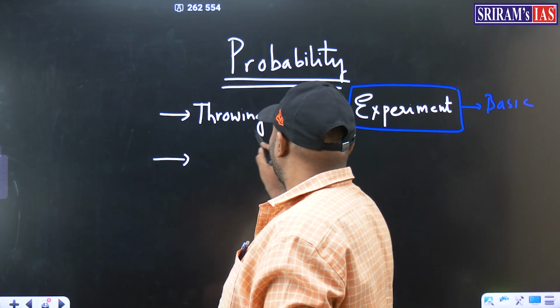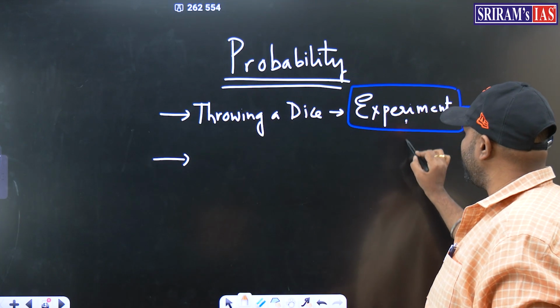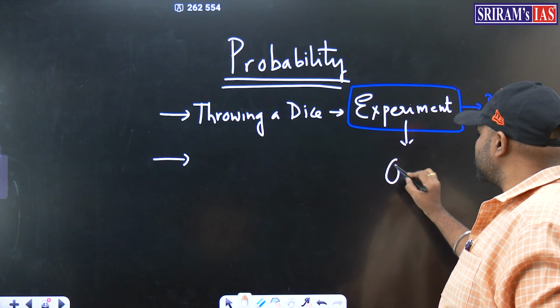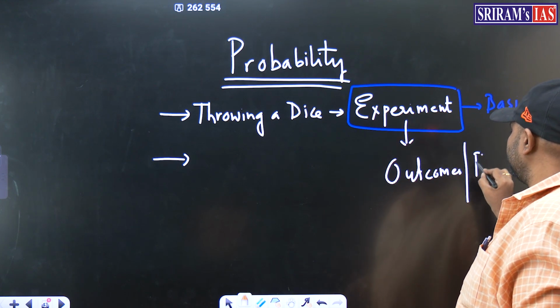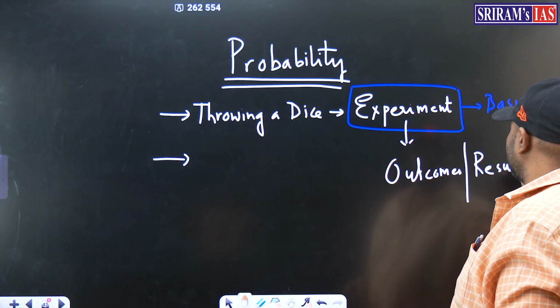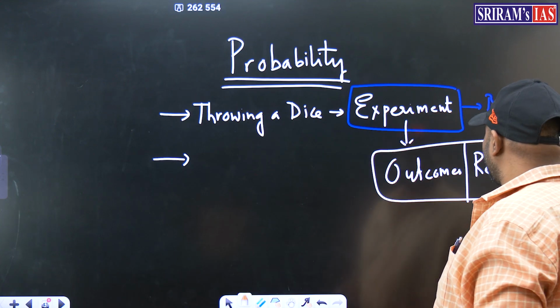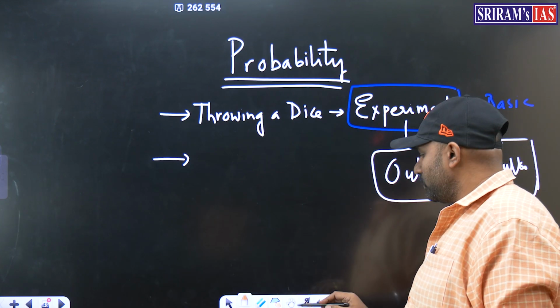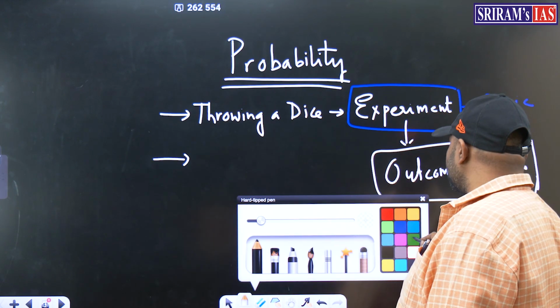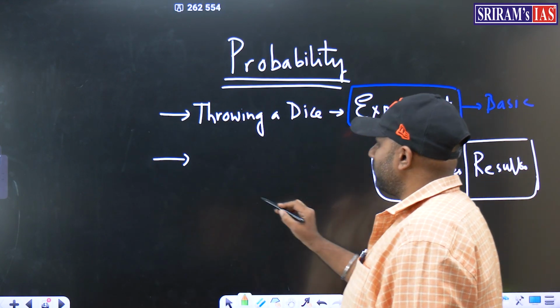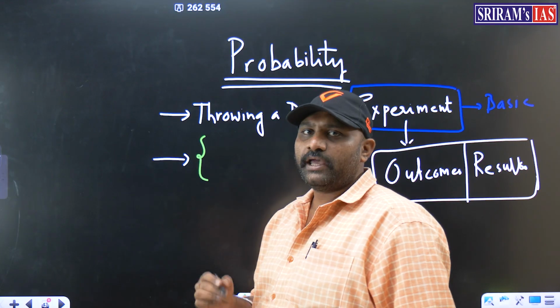outcomes. So from the experiment you get outcomes or results. For the experiment of throwing a dice, what are the different results we will get? That is very important. What can come?